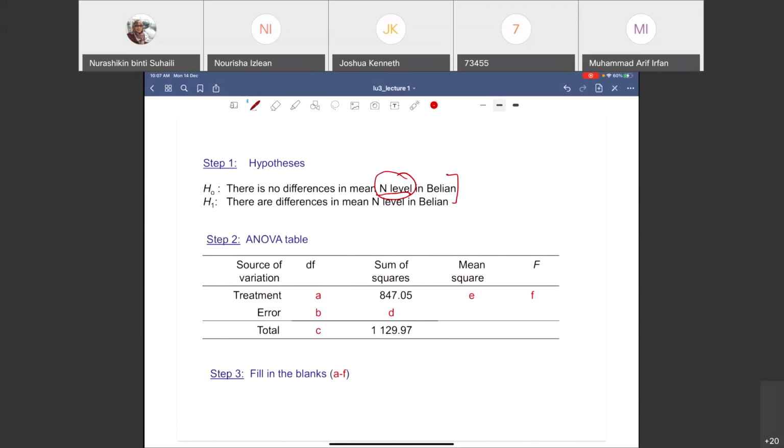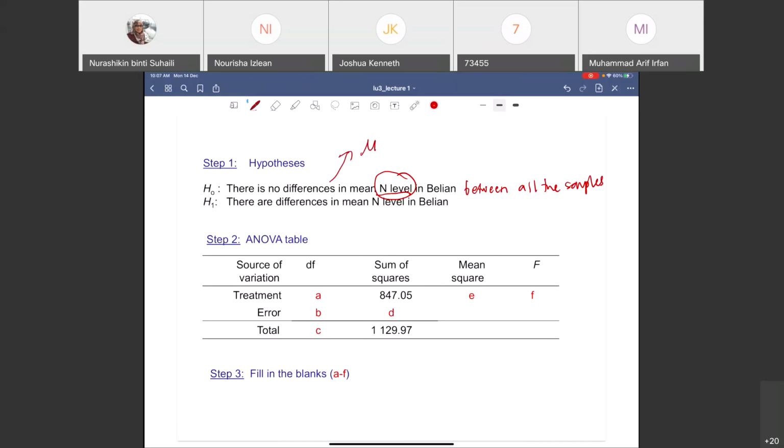You can perhaps improve this hypothesis by saying that there is no difference in the mean of N level in berlian between all the samples.